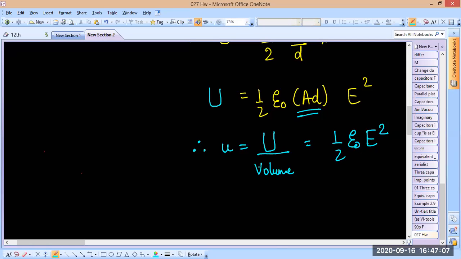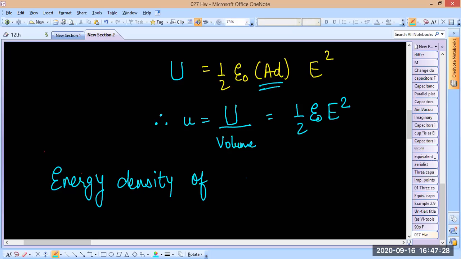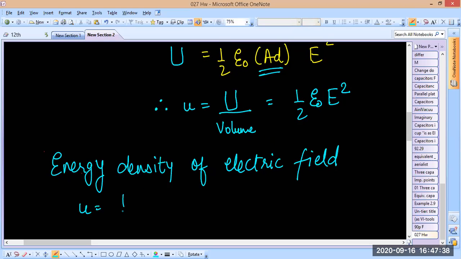Okay. So this is the general relation which is true for all cases, actually, not just a capacitor. This is a general relation that works every time. We don't have its derivation, I'm just telling you that. Energy density of any kind of electric field is always small u equal to 1 by 2 epsilon 0 E square.